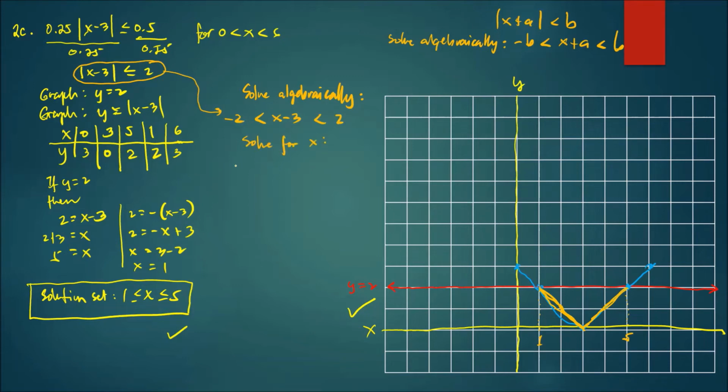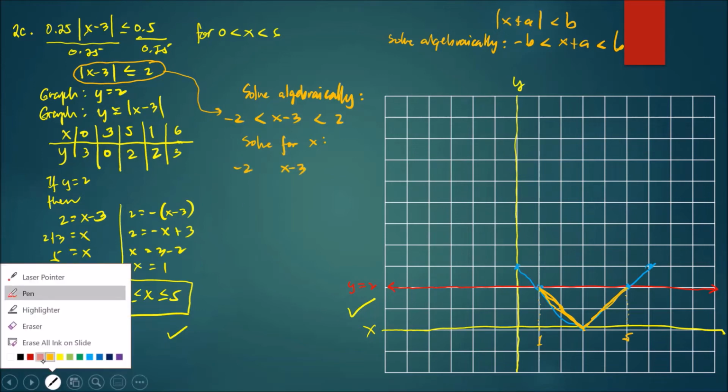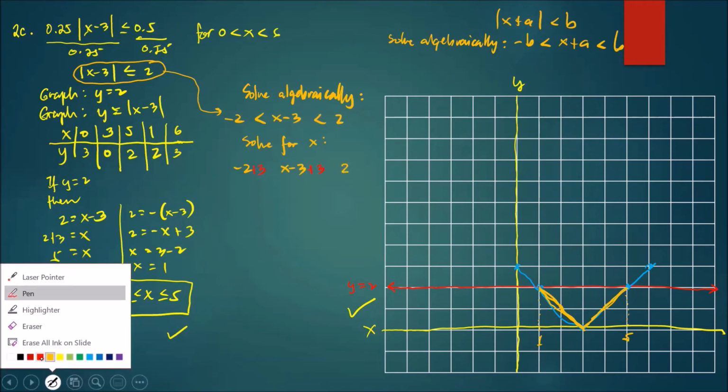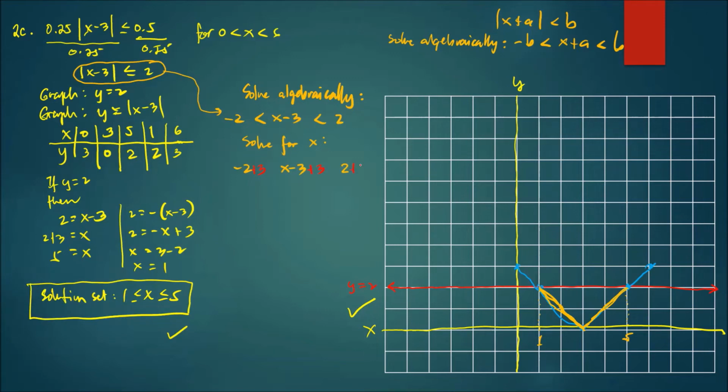So that would be negative 2. We have here x minus 3. Okay, we need to add 3 here. So if we add 3 here, we'll also add 3 here. And we will also add 3 here. Okay.